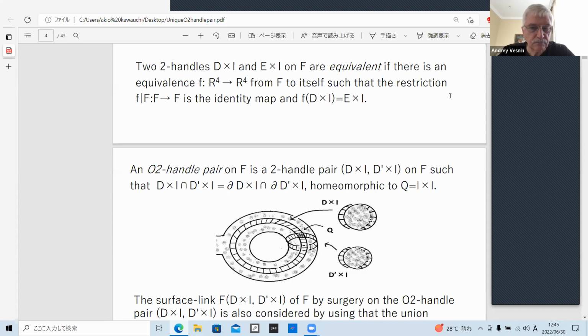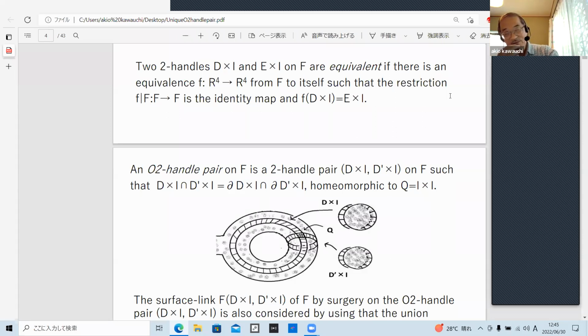Usually surgery theory uses a complementary pair of handles, for example a p-handle and a (p+1)-handle are complementary, and in that case they cancel.